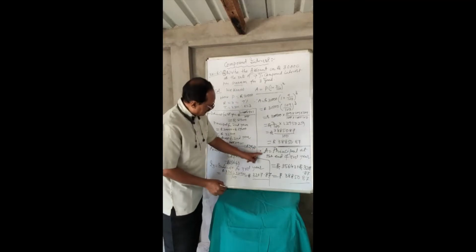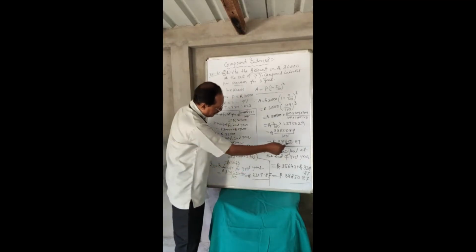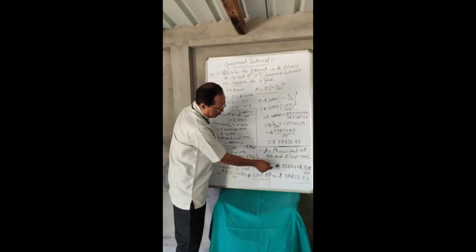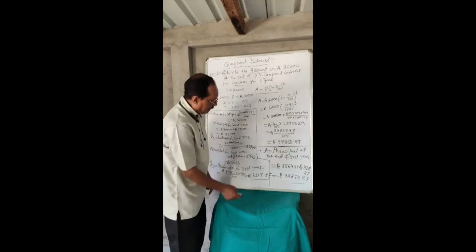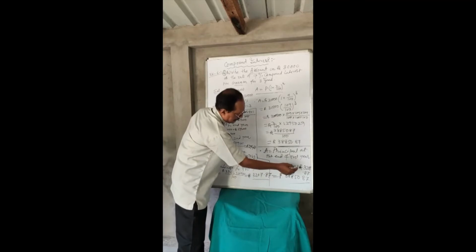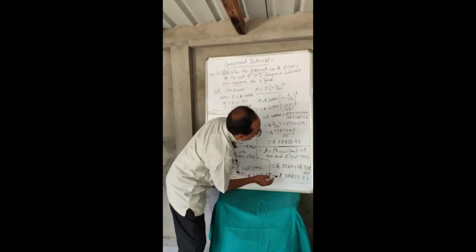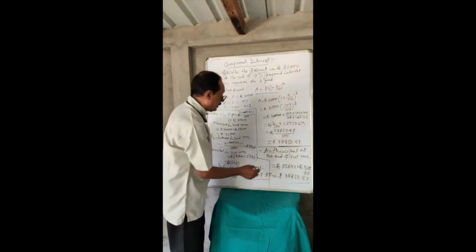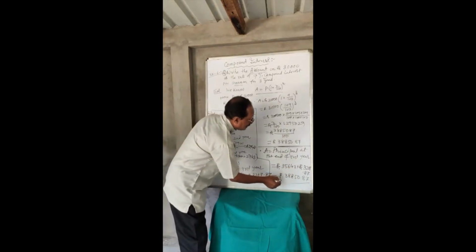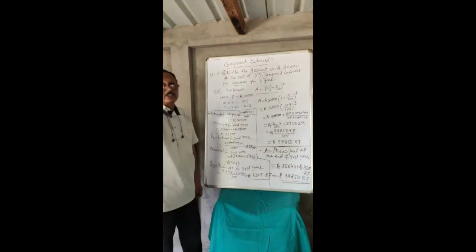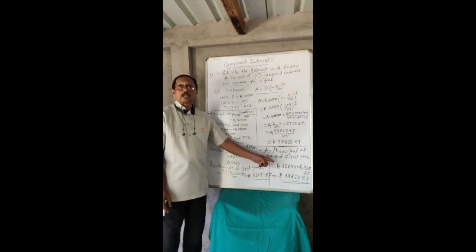The amount will be equal to the principal at the end of the third year, 35,643 rupees, plus the interest incurred, 3,207 rupees 87 paise. Together it is coming 38,850 rupees 87 paise. That is the total amount.